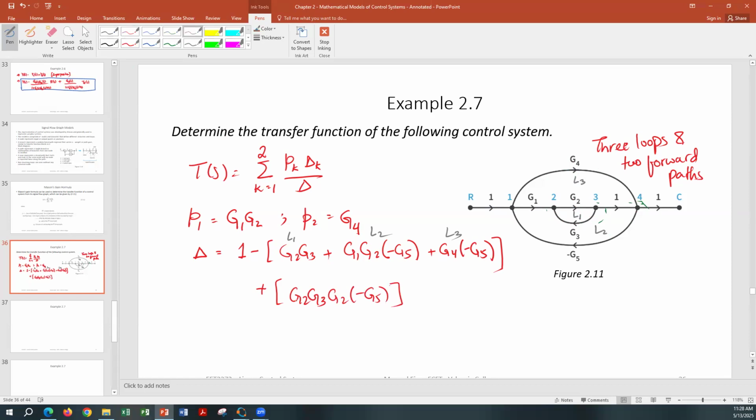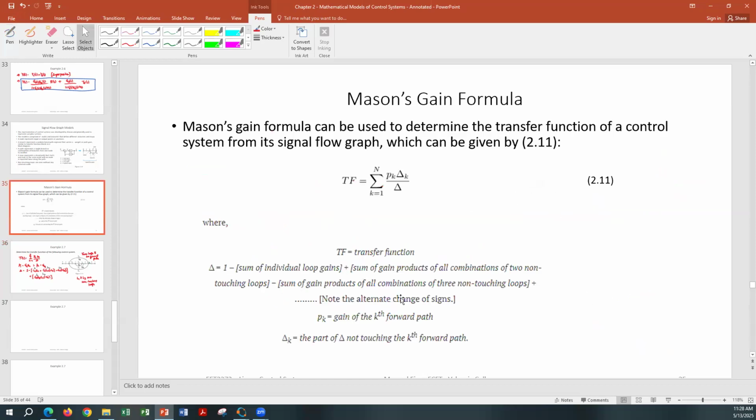L1 and L3 are non-touching loops. So these are the sum of gain products of all combinations of two non-touching loops. Since we don't have any other non-touching loops, that's the only one we have.